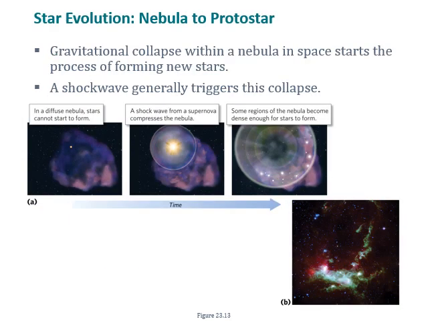Now let's discuss stellar evolution. Stars form beginning when a shock wave from a nearby supernova compresses a nebula, and this causes a gravitational collapse within the nebula, where some regions of the nebula become dense enough for stars to form.